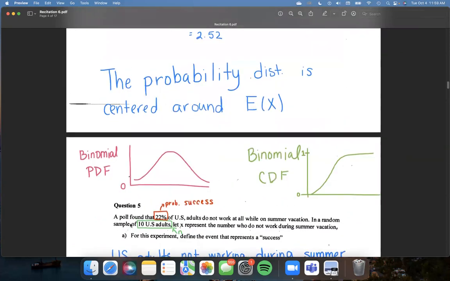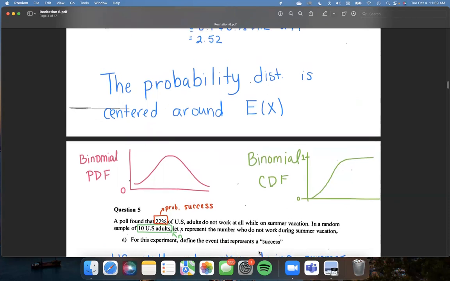All right, so next is question 5, a different question. So we have a poll that found that 22% of US adults do not work at all while on summer vacation. And in a random sample of 10 US adults, let X represent the number who do not work during summer vacation. For this experiment, we're going to define the event that represents a success.